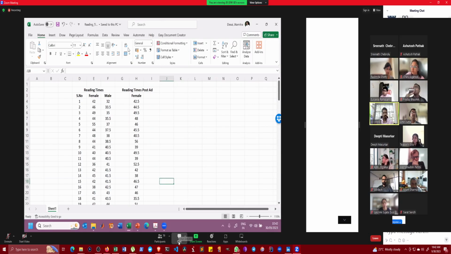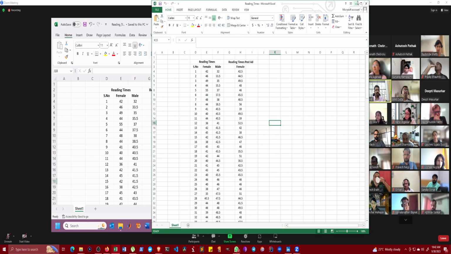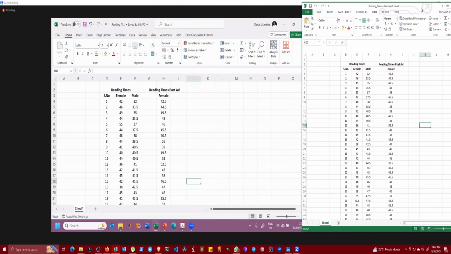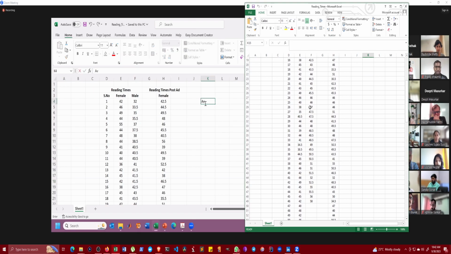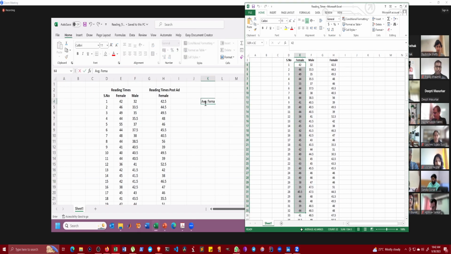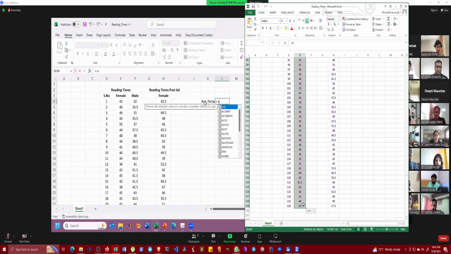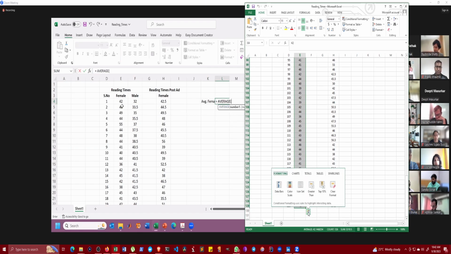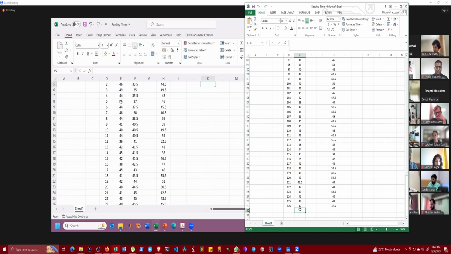So in this particular instance, what I'm going to ask you to do is to find the average of female reading time and the average of male reading time. Can you guys do that for me? This is average female reading time. That's 42.146 for these numbers.